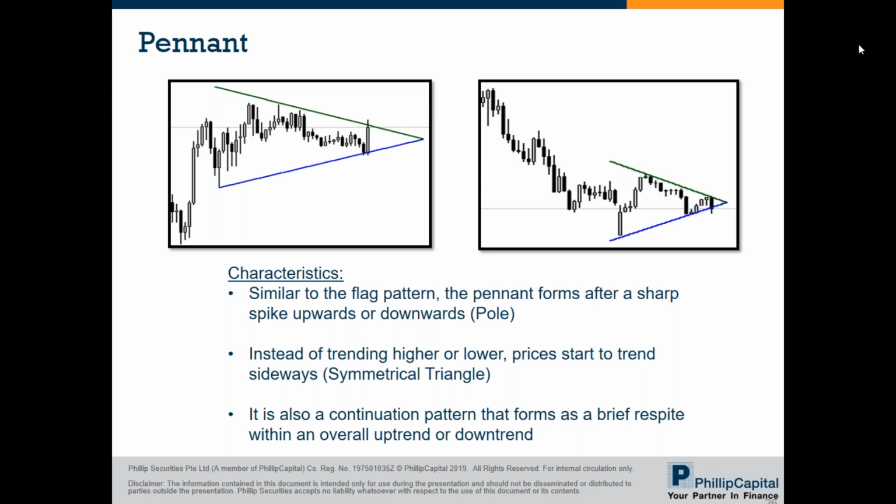Means it's moving neither higher nor lower, and the result of that is usually a symmetrical triangle. By joining the high points of the chart and the low points of the chart, usually you will have a triangle that meets, or a symmetrical triangle.